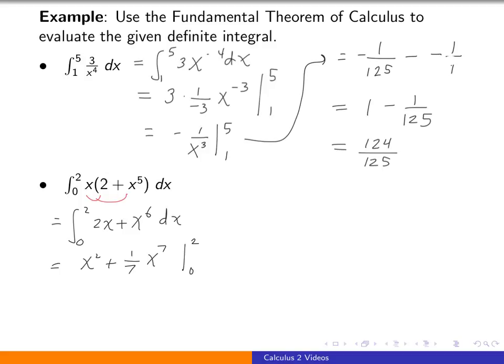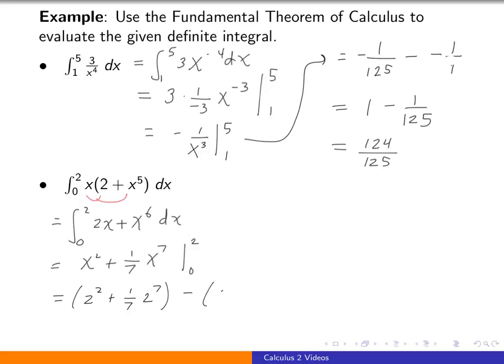Now a common question that I would be asked is, what about a plus c? Do we need it? And the answer is no, because if we had a plus c, we'd end up with a plus c minus a plus c, and they end up canceling. So including one's not incorrect, it's just simply unnecessary. So we now evaluate at 2. So replace both those x's with 2. So 2 squared plus 1/7 times 2 to the 7th.